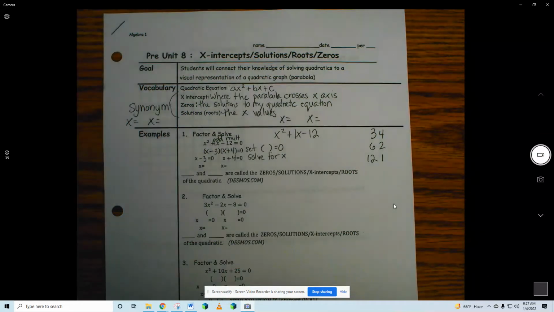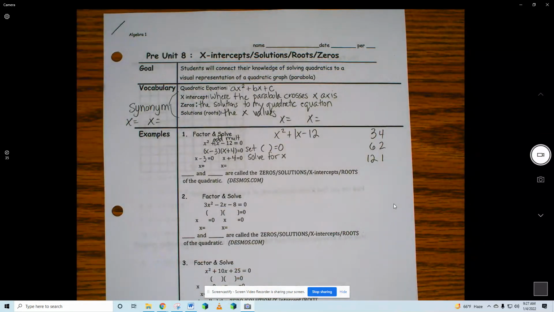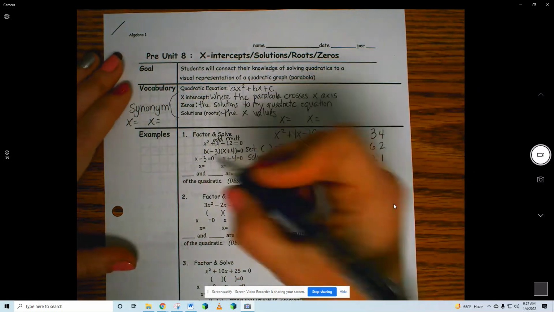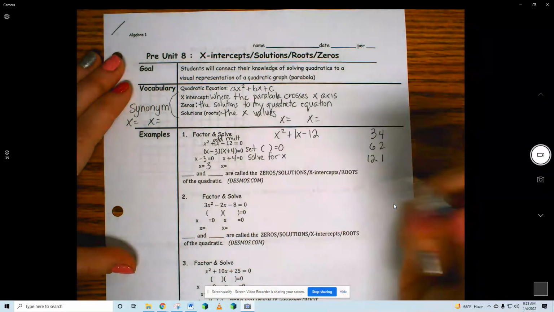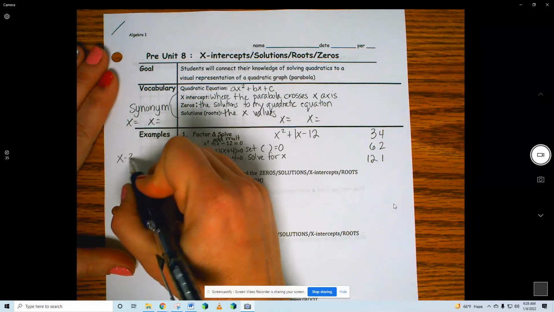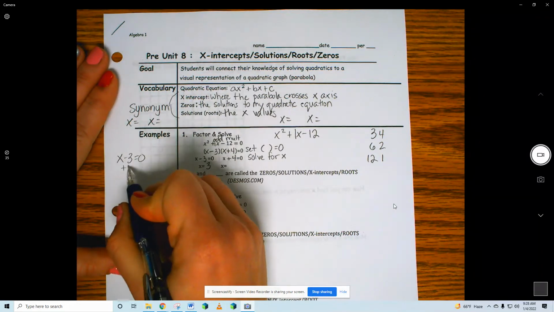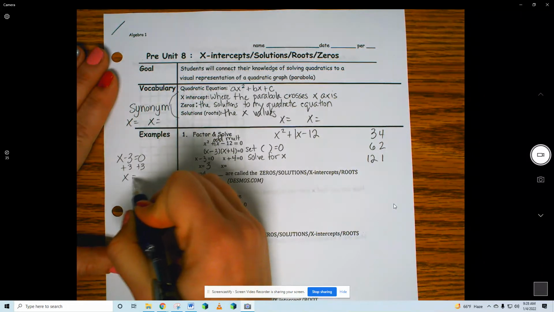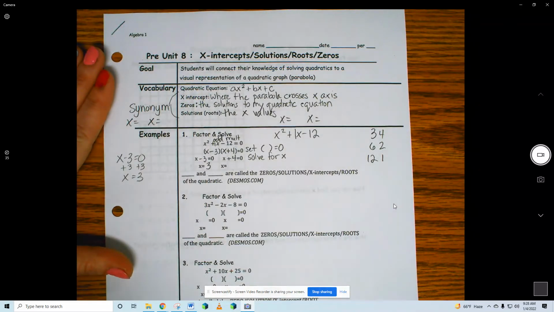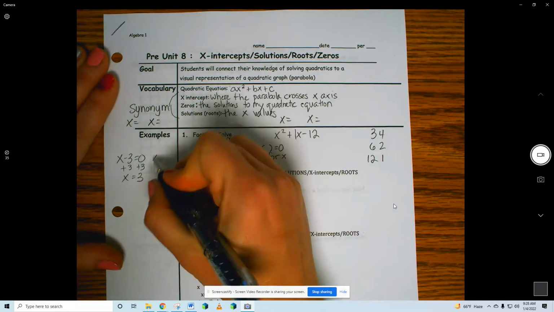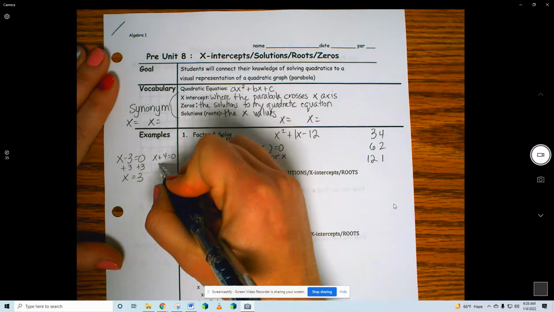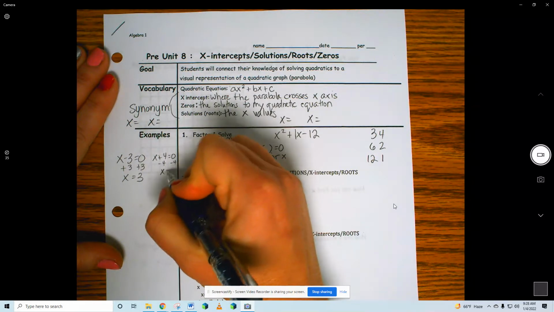X equals what? X equals positive 3, because x minus 3 equals 0 means you add 3 to both sides. And then x plus 4 equals 0 means I subtract 4 from both sides.